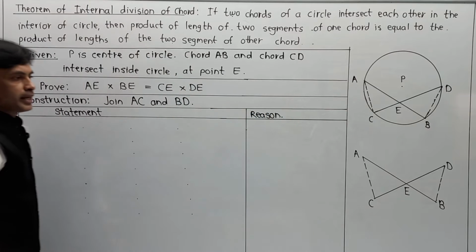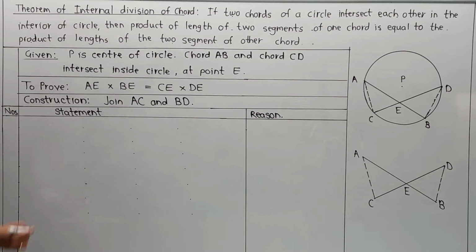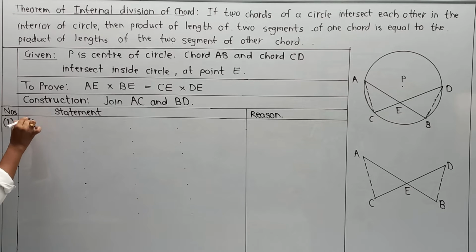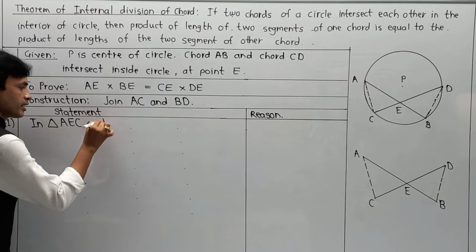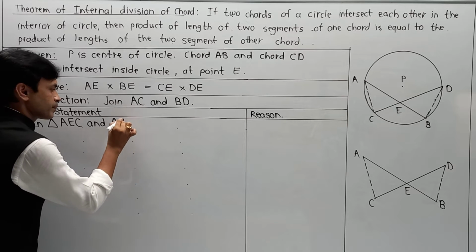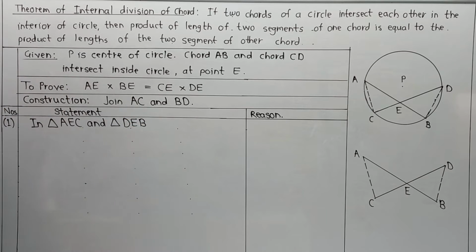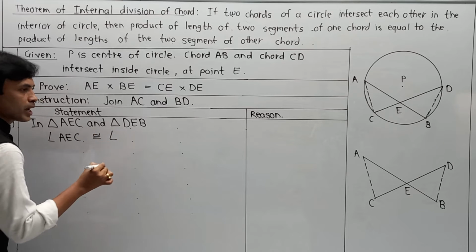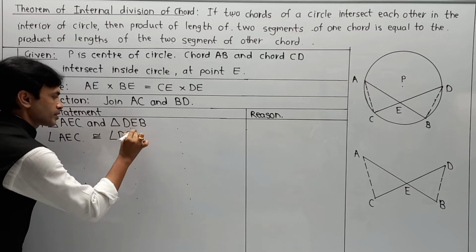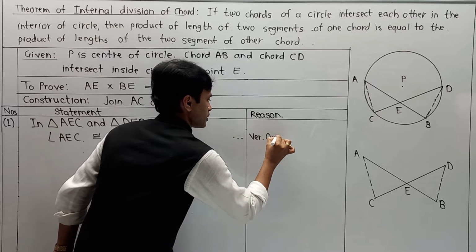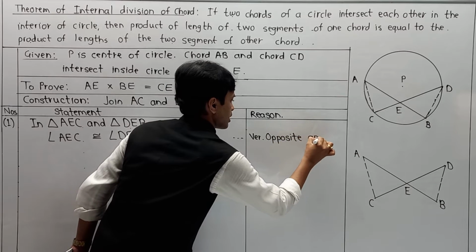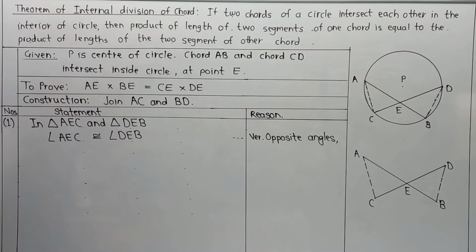In triangle AEC and in triangle DEB, one by one: first, angle AEC is congruent to angle DEB, and the reason is vertically opposite angles.